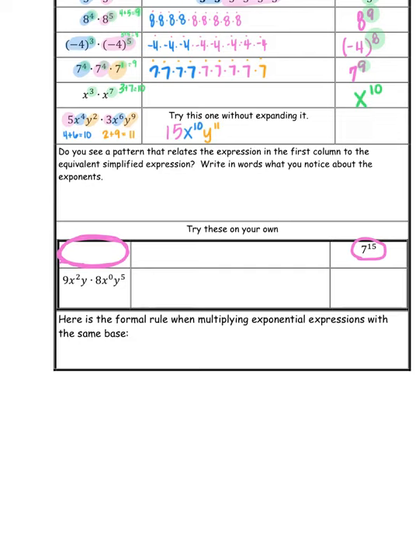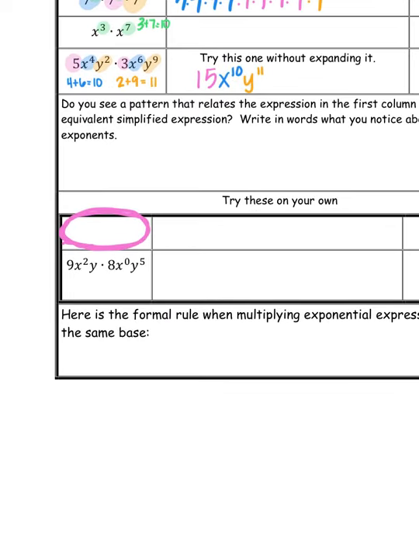Okay, and then I want you to go ahead and try this one. Whenever you have a power of 0, that equals, let's just change this. I'm going to change this to a 1, x to the 1st. Okay, that way we're not confused.